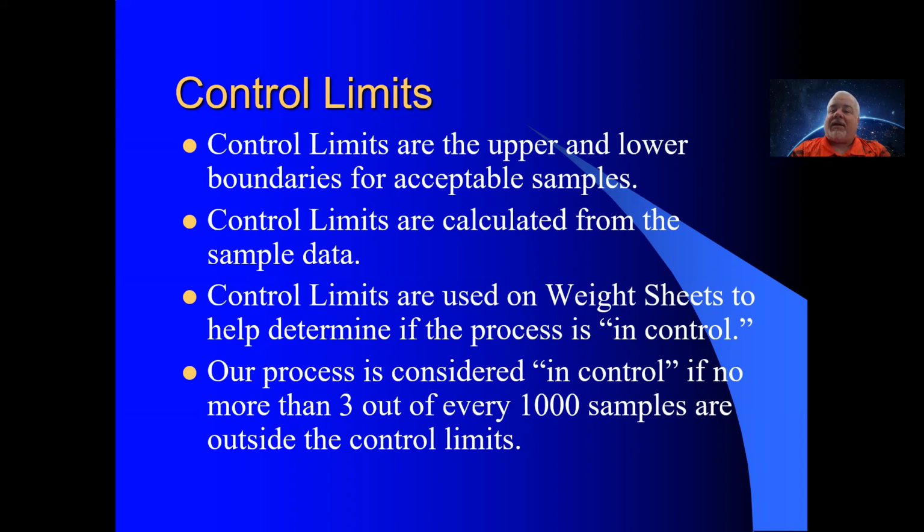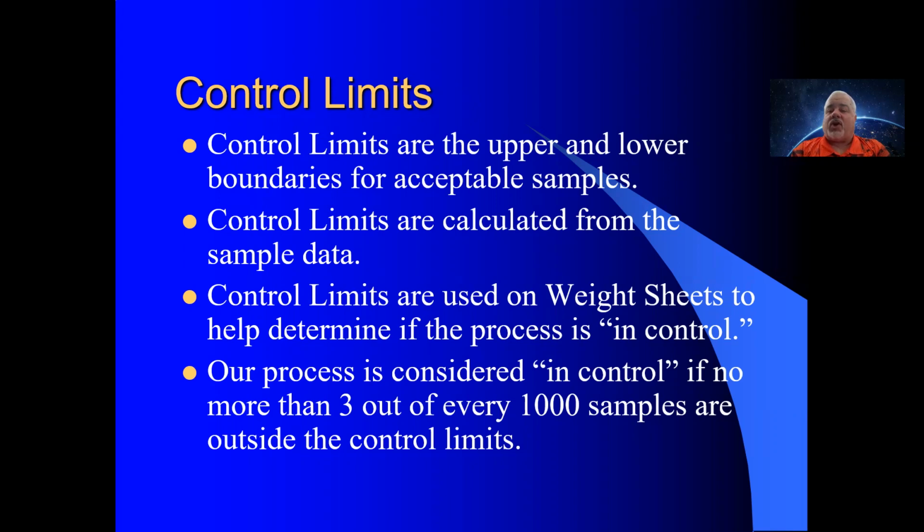These are mathematically calculated lines. You don't just draw them in. They are calculated based on the capabilities or the history of your process. So if I've got a machine that bags 1 pound bags of salad, then I need some data. I need to gather some sample data for how does this process work?